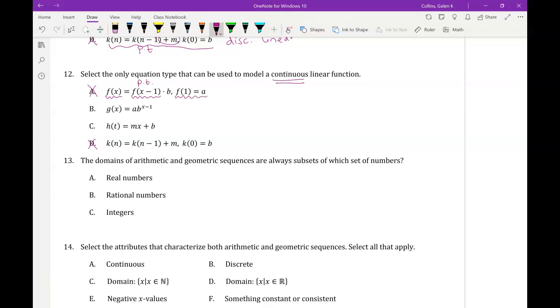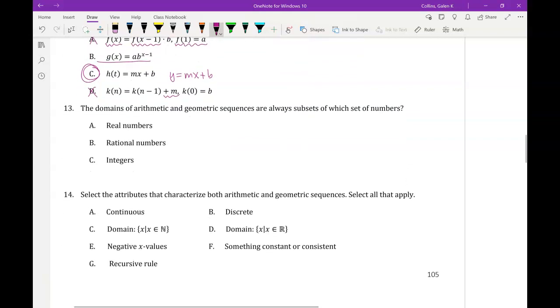So this top one would be a discrete exponential. This bottom one, because we're adding, would be a discrete linear function, but they're both discrete, not continuous. So the correct choice here is C. Again, this is in the form of y equals mx plus b, whereas this is in the form of y equals our y-intercept times our growth factor to the power of x, or in this case, x minus 1.